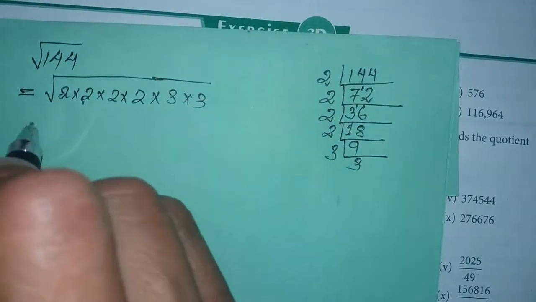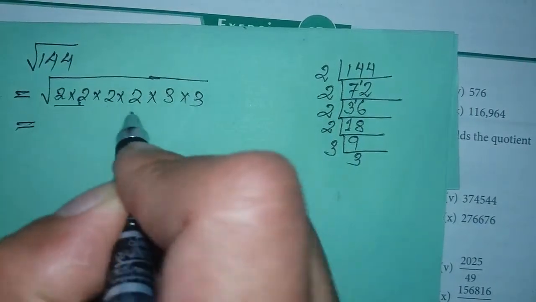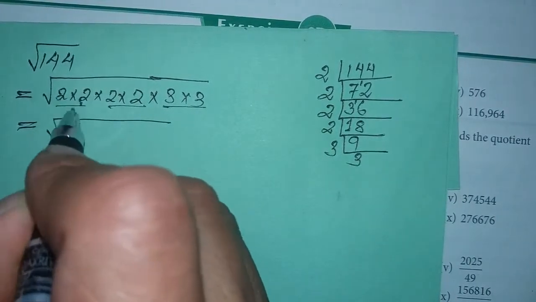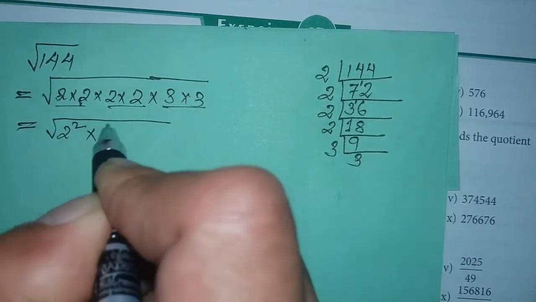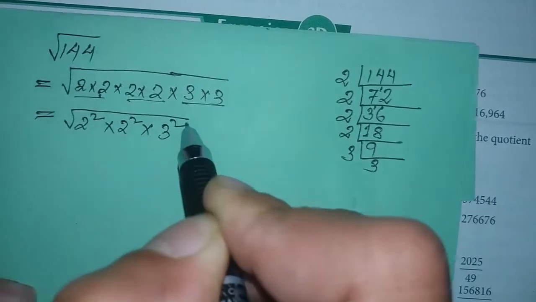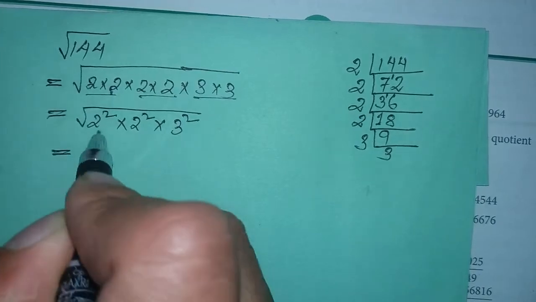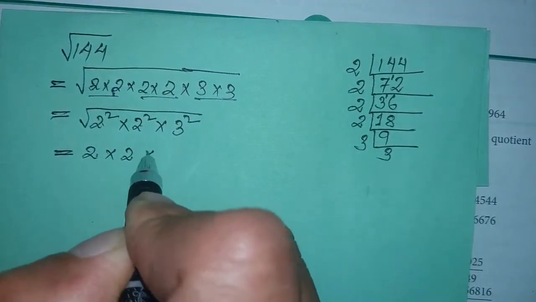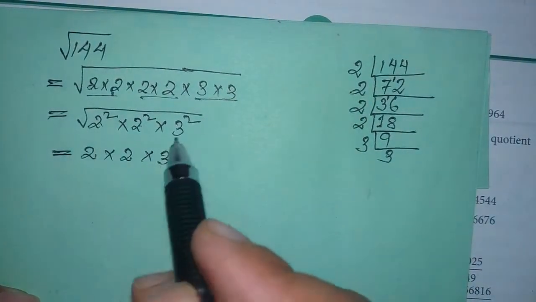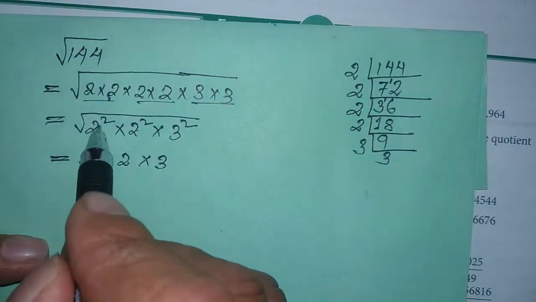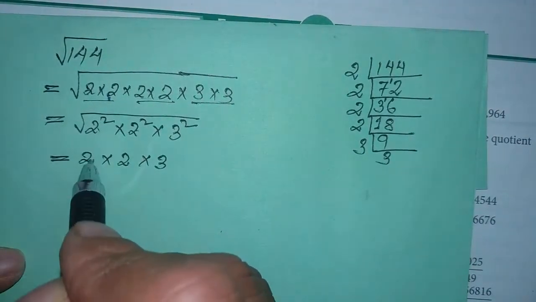Now you have to arrange in group pairs like this. So this is 2 square, and this is 2 square, and this is 3 square. Now this 2 outside, this 2 also outside, this 3 also outside. So you have to remember, when you take outside of this root sign, the square will vanish. So no more square here.